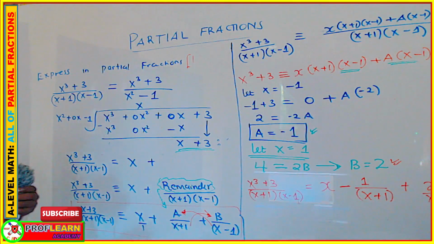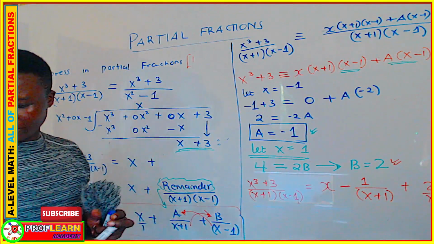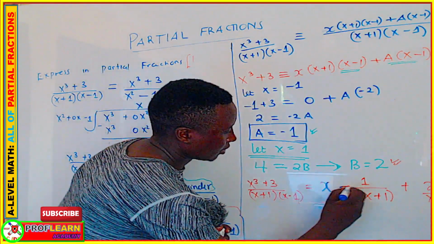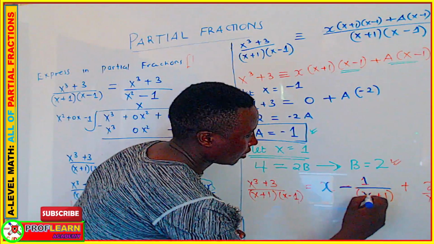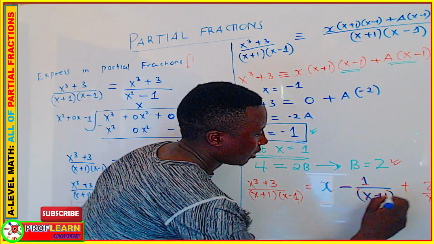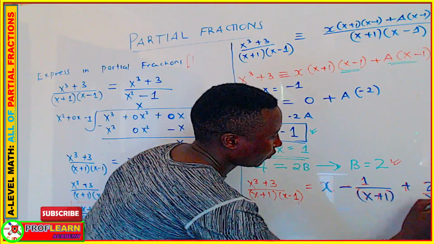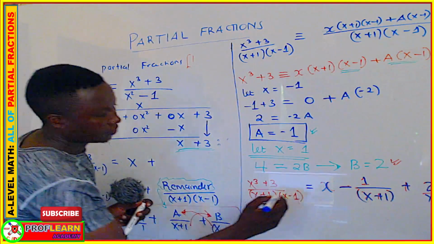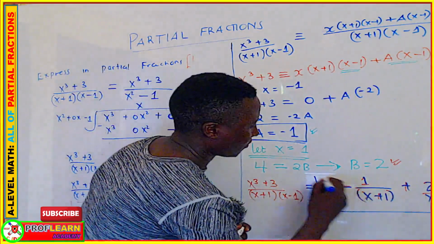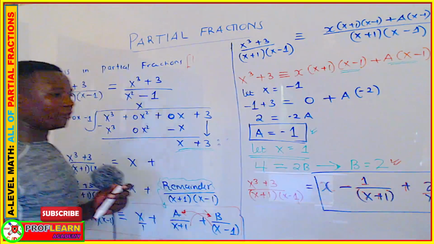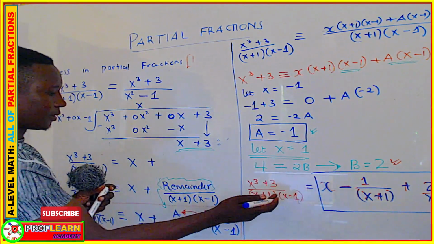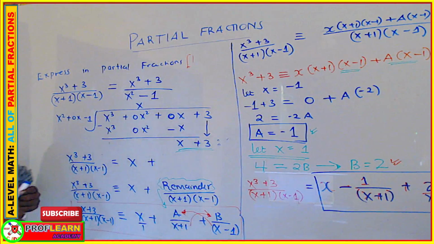If at all you are given this and you are expected to integrate, you can actually do this question, because now the question is straightforward and simplified. We have said this is the partial fraction of the expression.